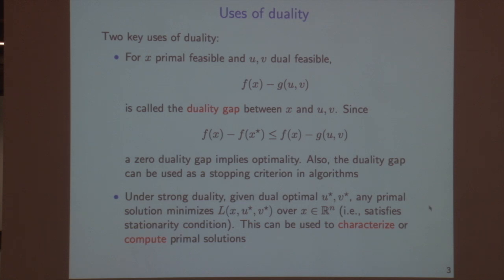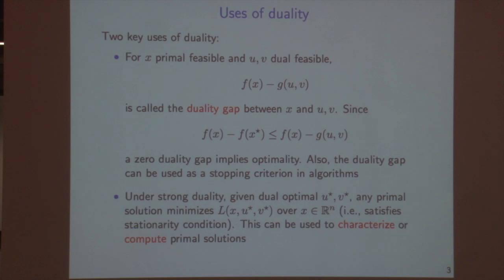Another important use of duality is not an algorithmic one, or maybe ultimately it can be an algorithmic one, but it starts off as just a mathematical observation, which is that under strong duality, we know that the KKT conditions are necessary and sufficient.